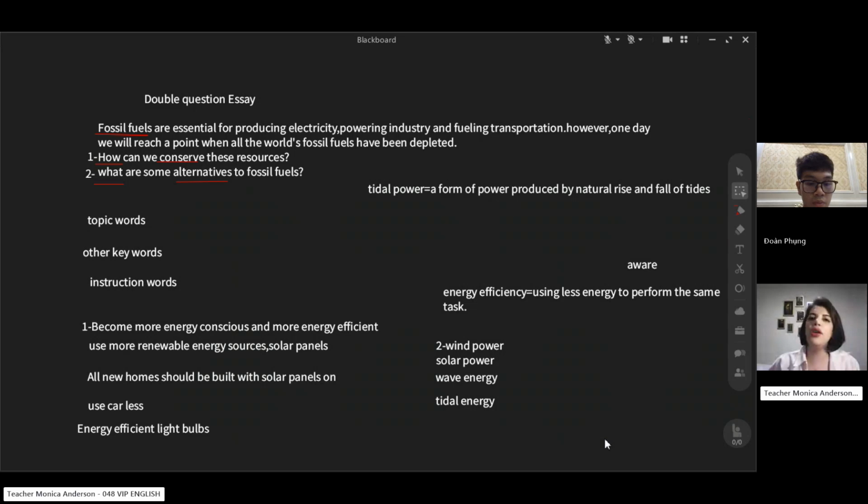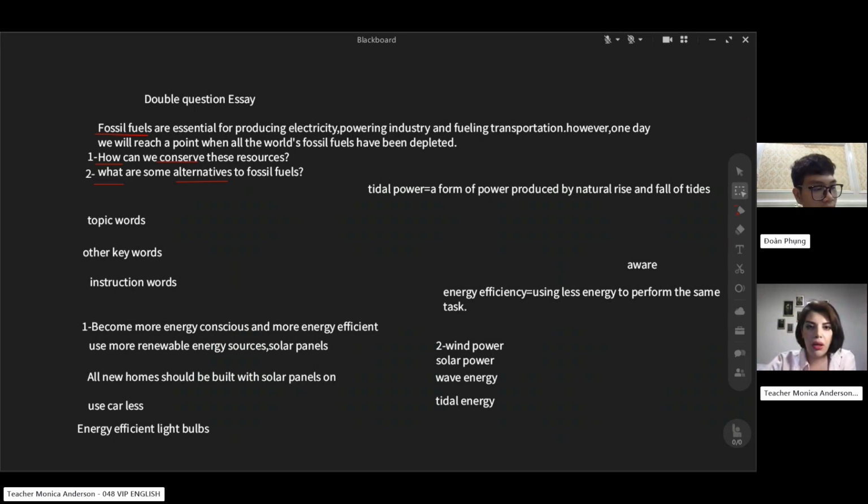You can use it for equipment, for example a light bulb. Modern light bulbs don't use a lot of electricity. They are energy efficient. Get it?